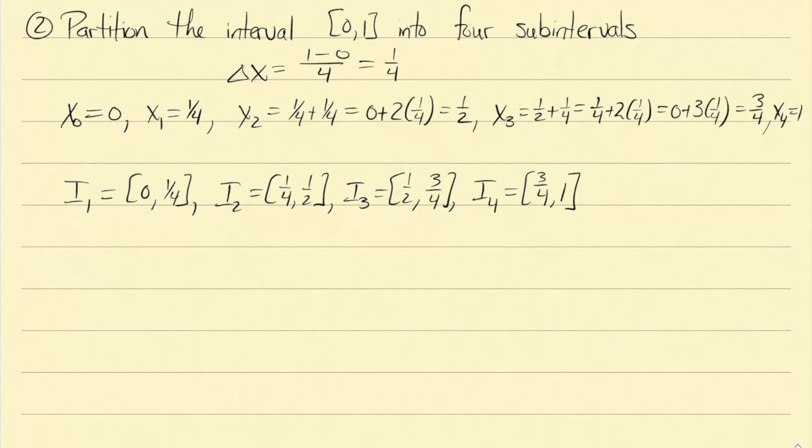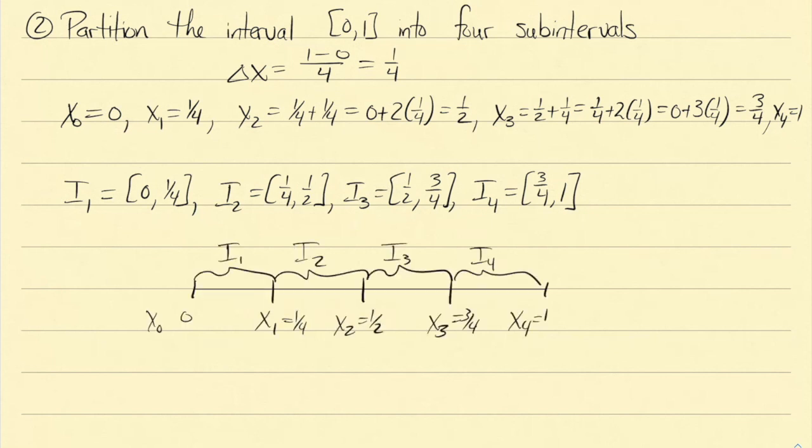And just to make sure that all of this makes sense, we can draw out our picture. So you can imagine now that if you were to chop the interval from 0 to 1 into n pieces, each piece would be 1/n units wide, and you could describe each of the points, xi, as i multiplied by 1 divided by n.